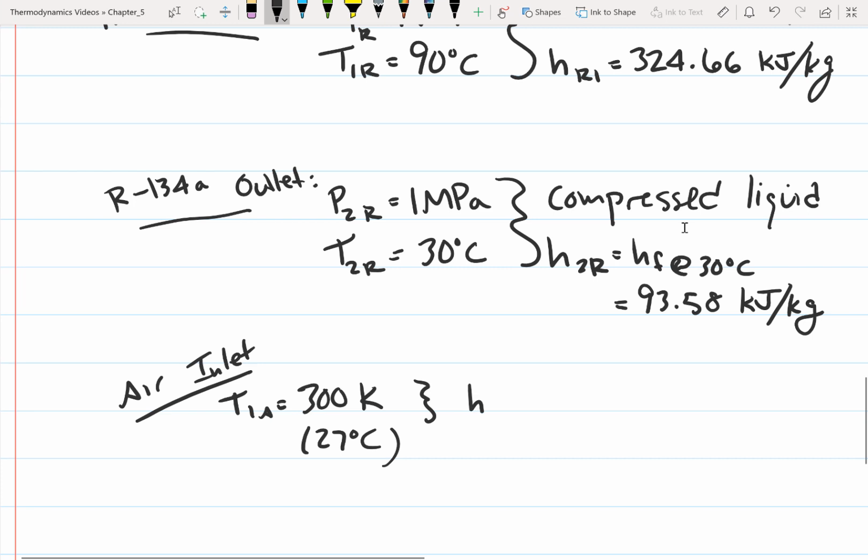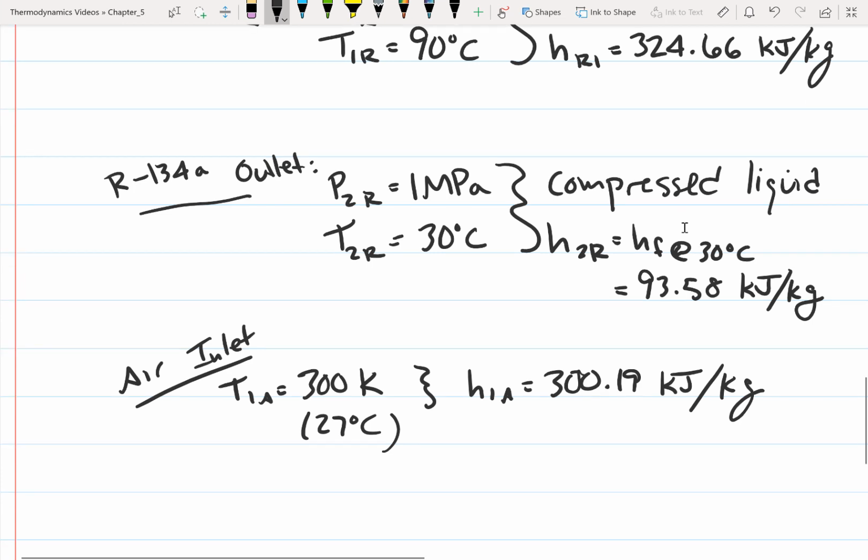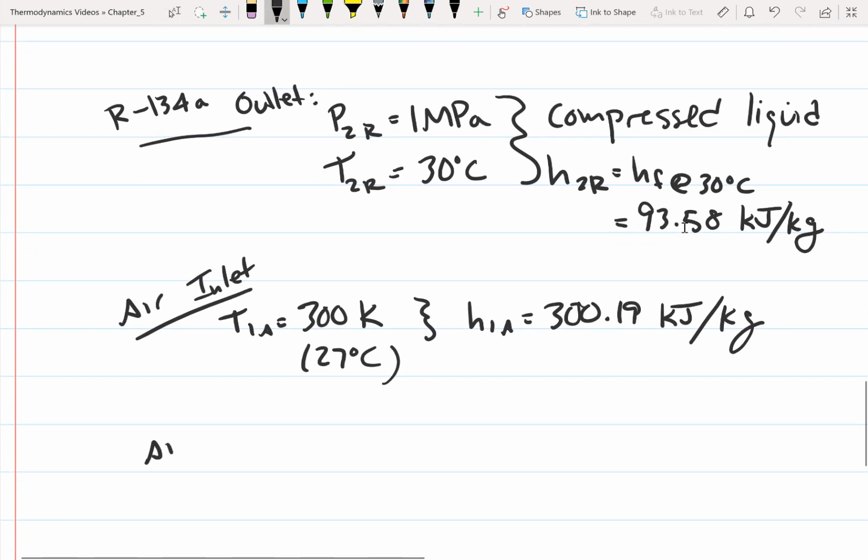And so from the air table, H1A is equal to 300.19 kilojoules per kilogram. And then the air outlet, so T2A is equal to 60 degrees C, which is 333 Kelvin.